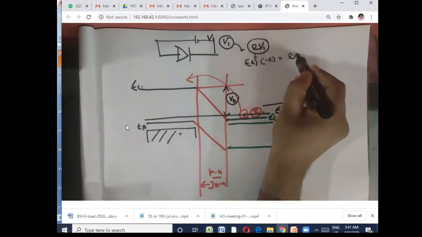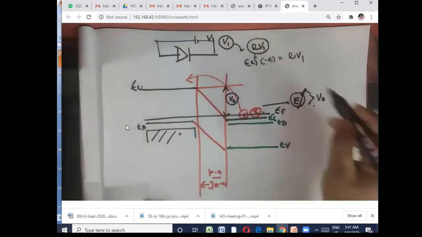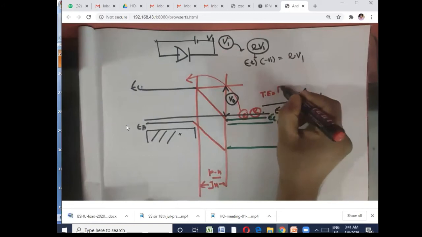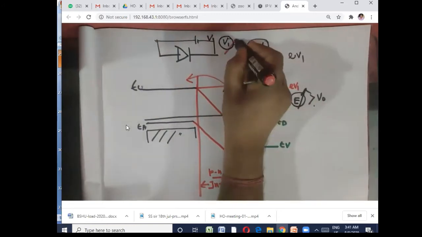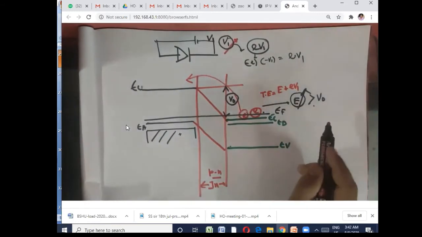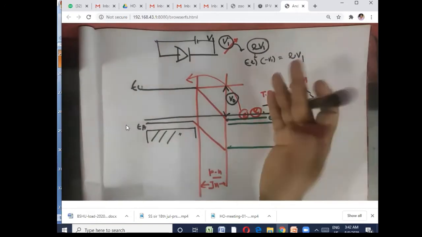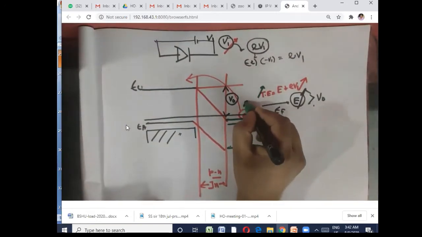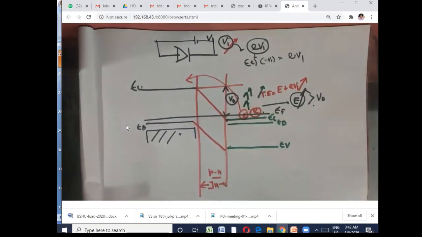So the total energy of the electron, the moment you switch on V1, becomes E plus eV1. Now you can vary this voltage in the diode experiment, and if you increase it, you increase the total energy of the electron and push it energetically up and up.